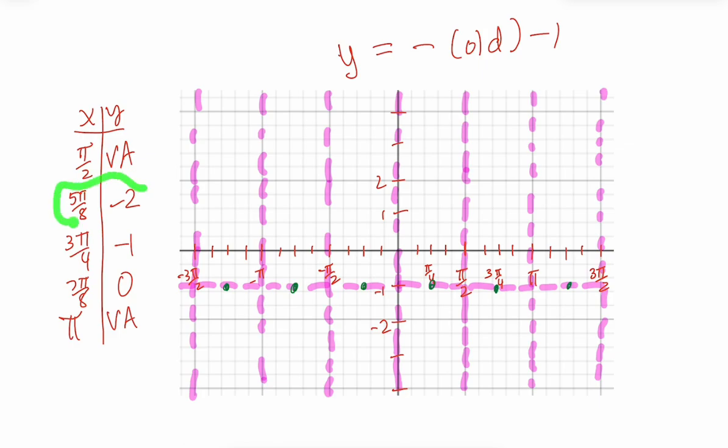Now, 5/8. 1, 2, 3, 4, 5/8 is right here. We are down at negative 2. Put that on. So all the points to the left of middle are at negative 2. So put them all on. Remember, the patterns repeat.